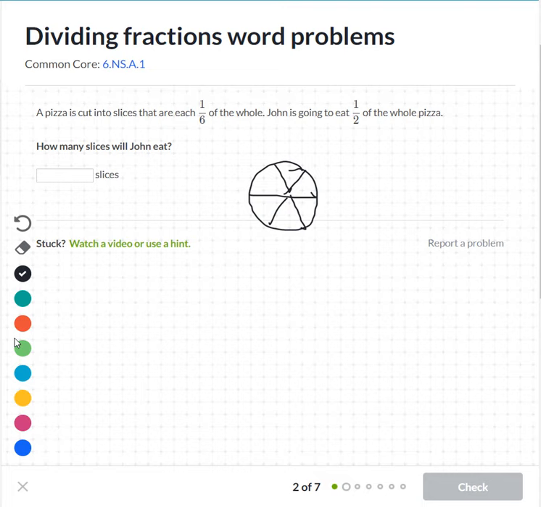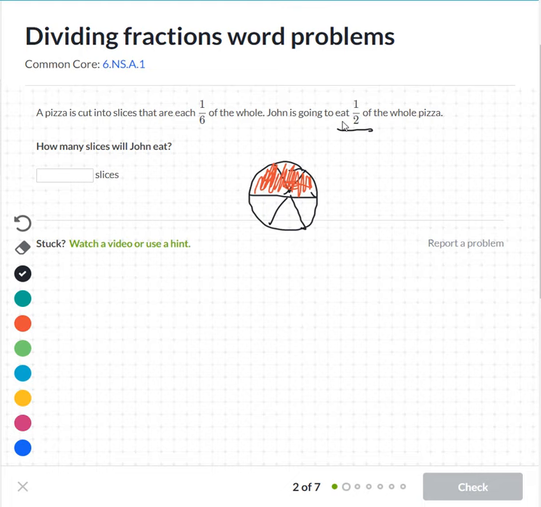Now, if John is going to eat half of the pizza, we know half is the top portion, but that half is being eaten in 1/6 pieces. So the quantity that's being split is 1/2. It's being split up into 1/6 pieces.